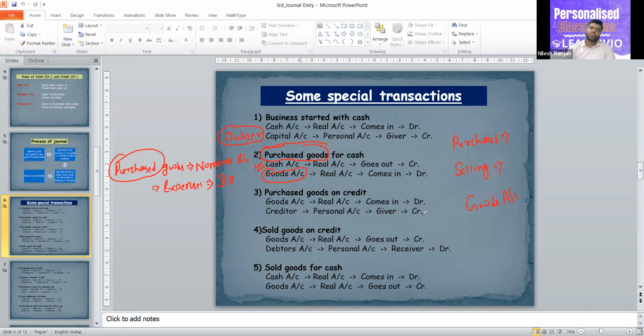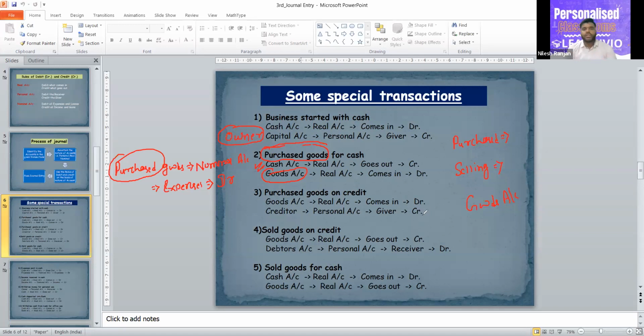Okay, so sold goods on credit. Instead of goods, we will use sales account. If we sold goods on credit, the goods account is a real account and it is going out, so it should be credited here. And the debtor account: if we sold goods on credit, then we are giving that good to some person, and that person will have a name.